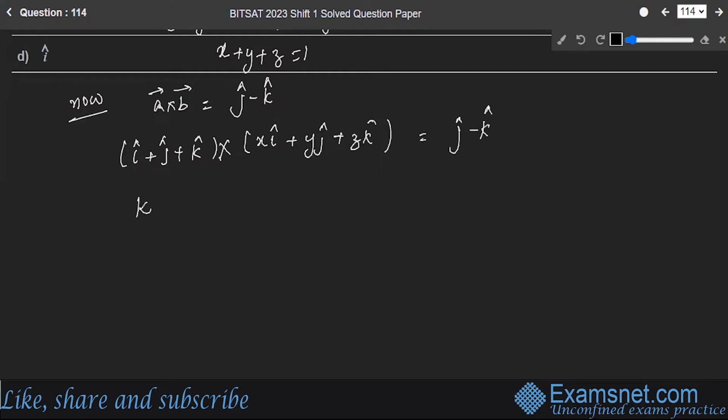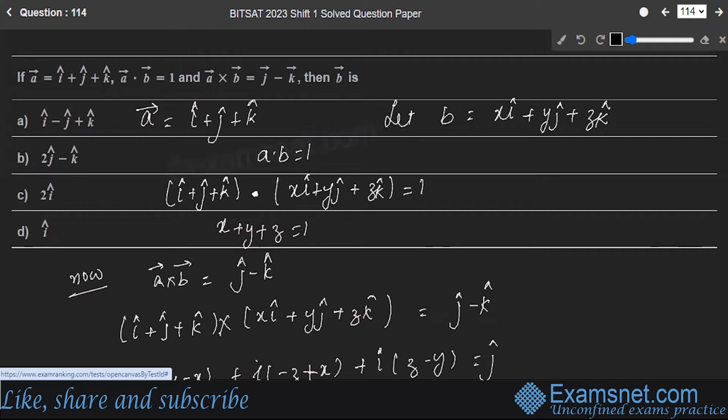This gives you k (y minus x) plus j (z minus x) plus i (z minus y) is equal to j minus k. I hope you know how I got to this. If you don't, then let me repeat how I got to this.